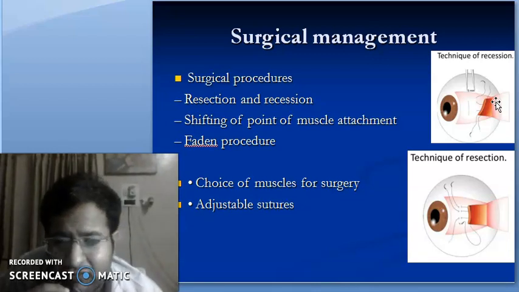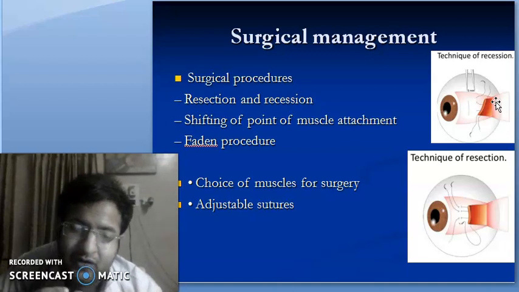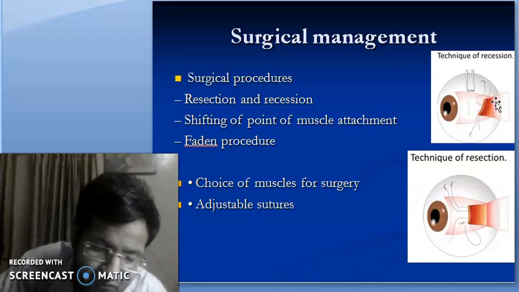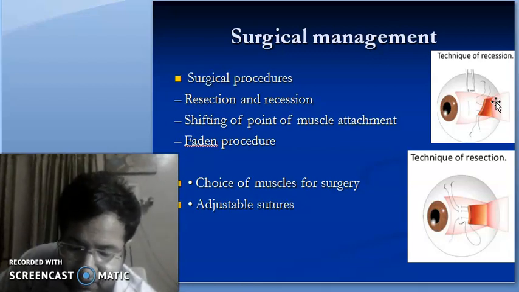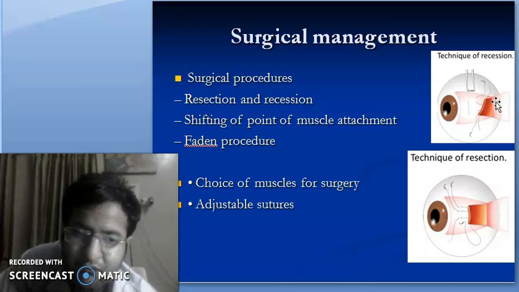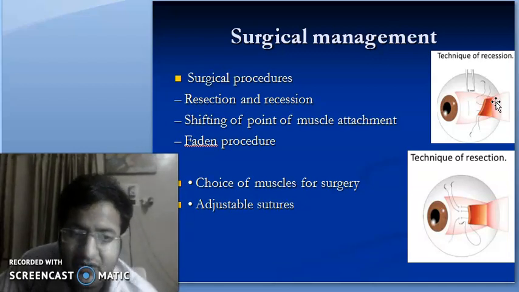What are the choices of the muscles for surgery? For example, for correcting hypertropia, we can use either the medial rectus and the lateral rectus. We can detach the muscle and reinsert it slightly below the original insertion, or we can do the vertical muscles or the oblique muscles.